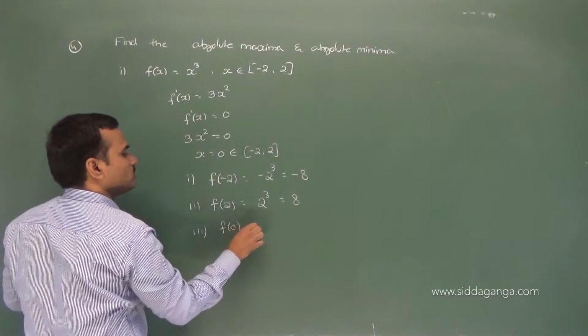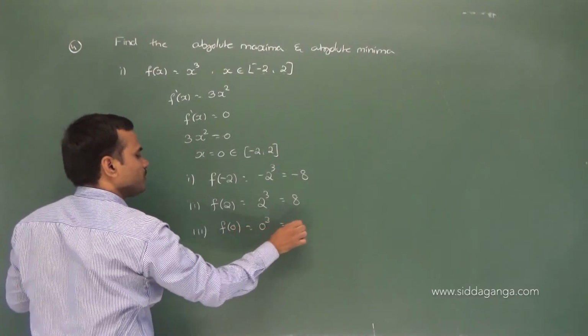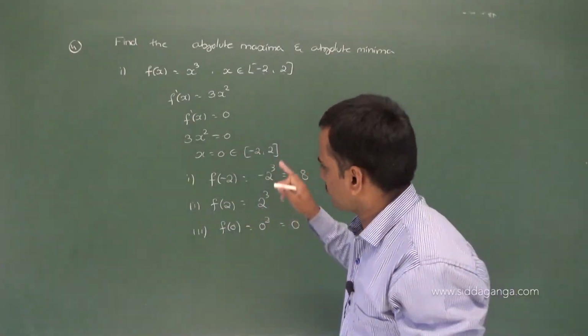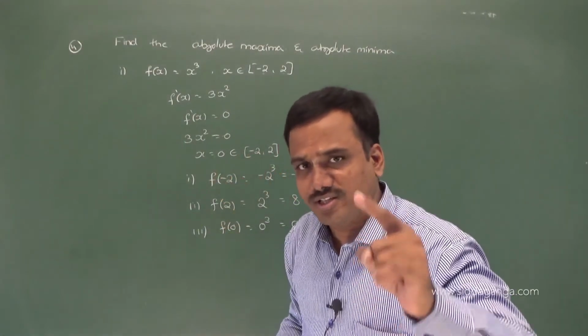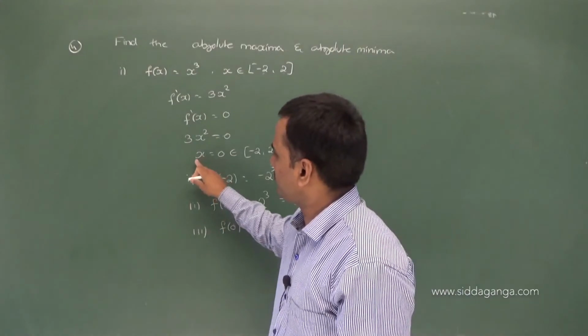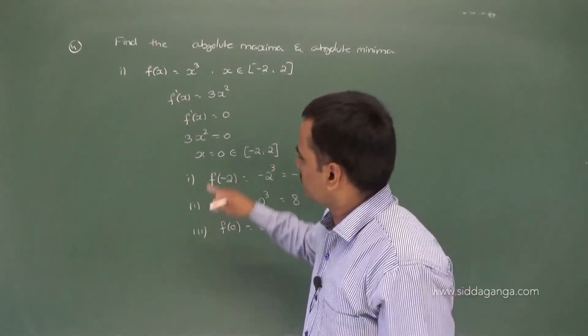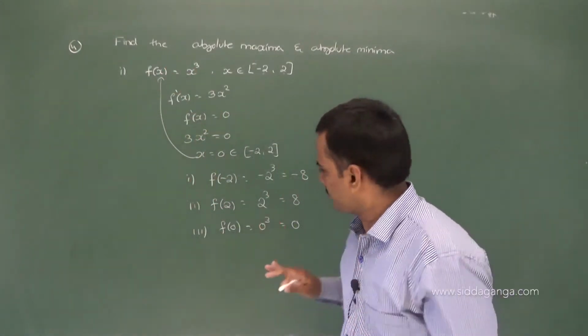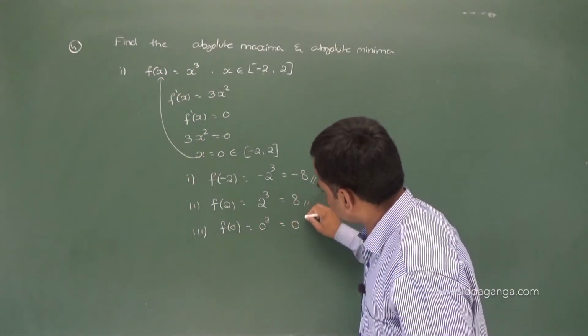F of 0, 0 cube, 0. Only one critical point we got. So with respect to that critical point, we find the range value by substituting x is equal to 0 in the given function. Okay? We got the result.